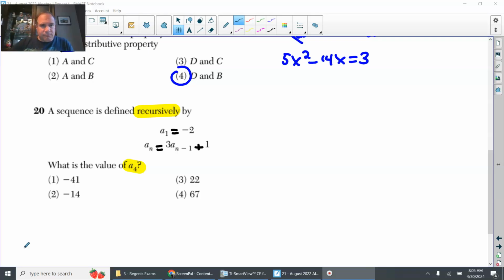So they're giving you a sub 1, so I'm going to put down a sub 1 equals negative 2. And I'm going to try to find a sub 2 now, because I have to work my way up to a sub 4. So do you see this part right here? This part right there. That is the previous term.